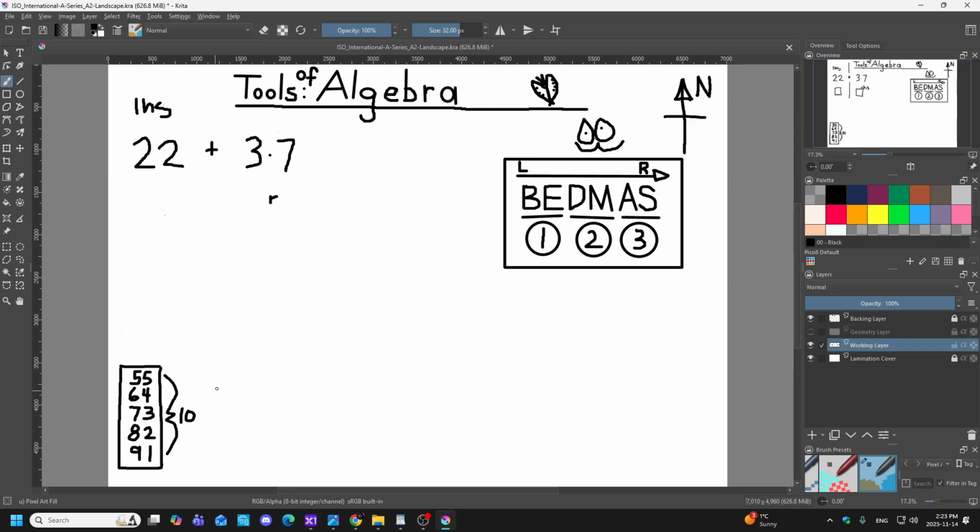Okay. So looking at this, there's not much going on with the left-hand side. There's nothing at all. It's just a whole number, right? We have 3 multiplied by 7. So there's no brackets, there's no exponents, therefore we're on step 2. Okay, step 2, multiplication, division.